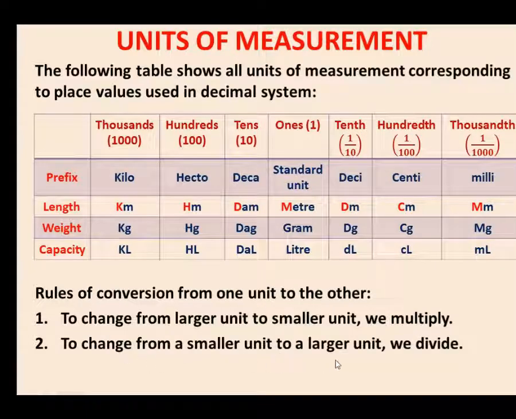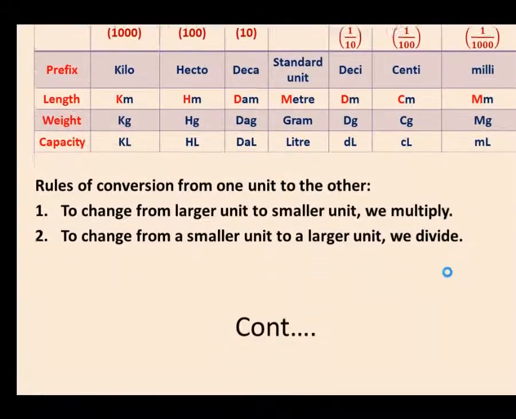To change from a smaller unit to a larger unit, we divide. If we are converting a smaller unit to a larger unit, we have to divide by the number according to as many places as we are moving towards the higher level. We will discuss it in exercise questions, then it will be more clear to you.